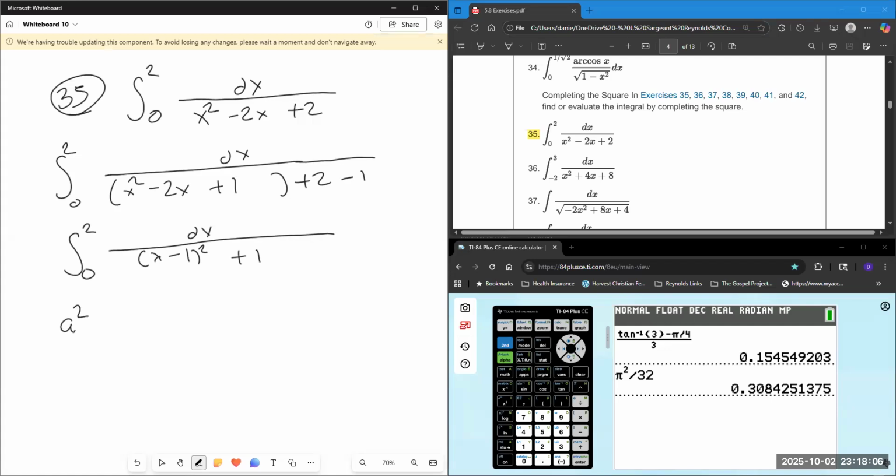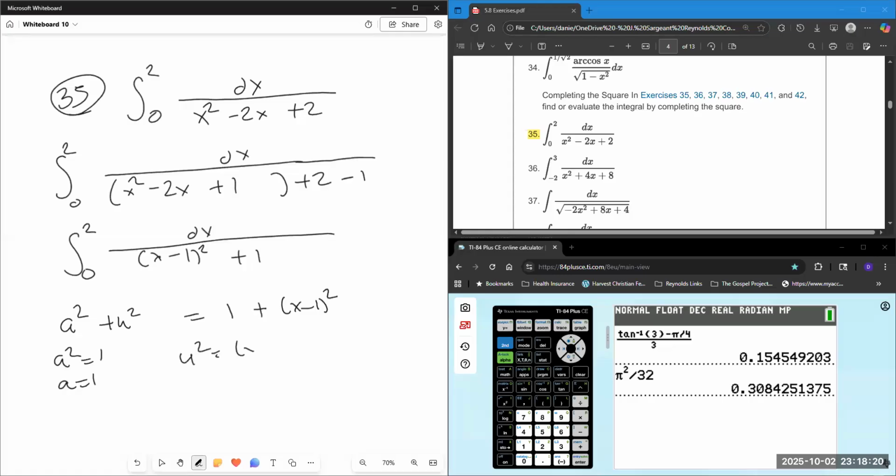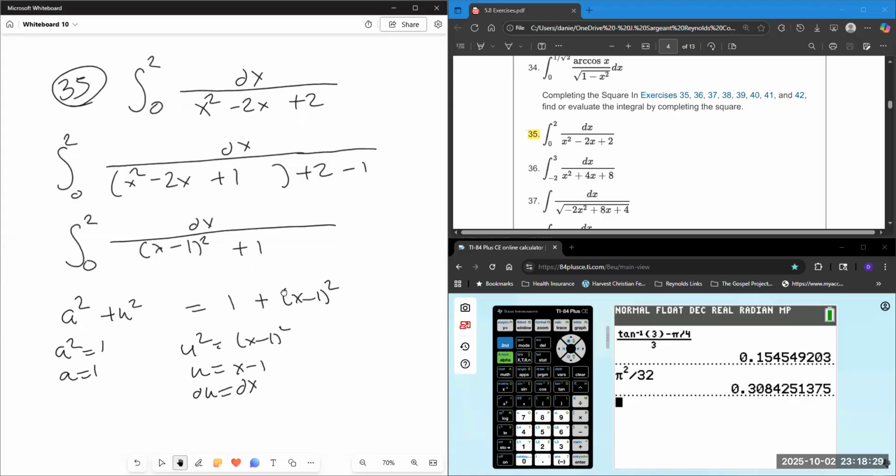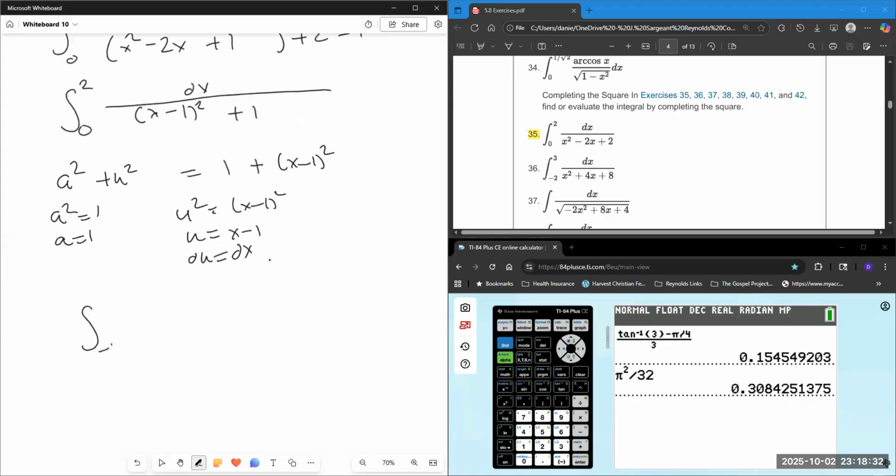So my a squared plus u squared is 1 plus x minus 1 squared, with a squared equal to 1 and a equal to 1, and u squared equal to x minus 1 squared, u equal to x minus 1, and du equal to dx. U is x minus 1, so 0 minus 1 is negative 1, 2 minus 1 is 1. This is du over a squared plus u squared, where a is 1, so 1 over a is 1.